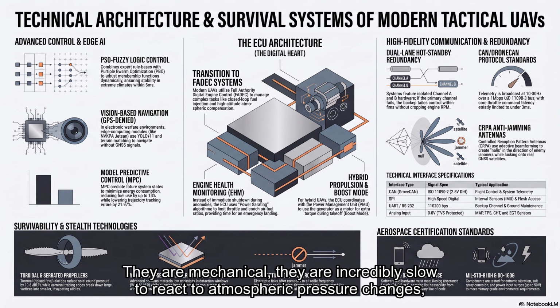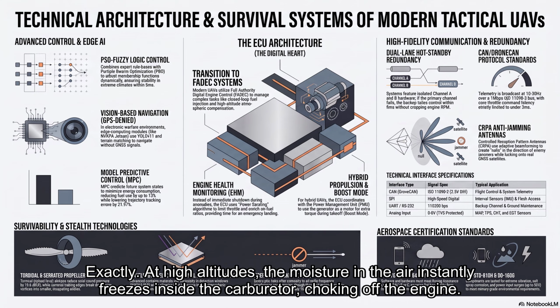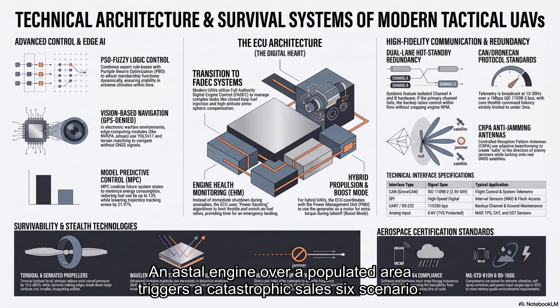They are mechanical, they are incredibly slow to react to atmospheric pressure changes, and most dangerously, the Venturi effect inside a carburetor causes a massive temperature drop. So they freeze. Exactly. At high altitudes, the moisture in the air instantly freezes inside the carburetor, choking off the engine. And a stalled engine over a populated area triggers a catastrophic scenario.